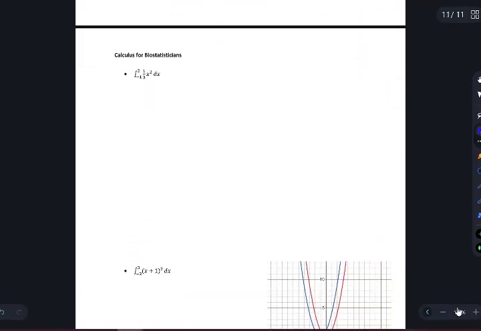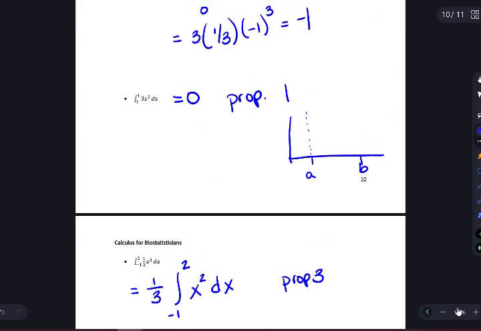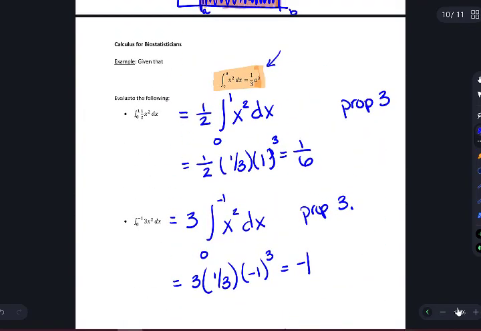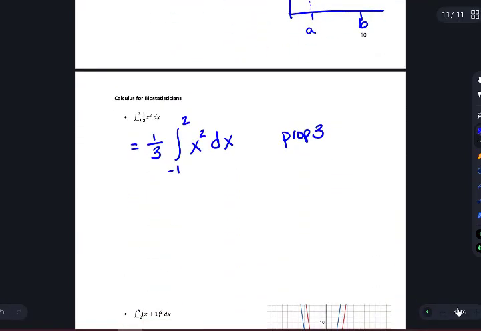The next one we've got here is the integral from -1 to 2 of 1/3 x squared. Well, we can start by applying our third property and pull out that constant. Now, in order to apply my given information, I need an integral that runs from 0 up to some number. But here I've got -1 to 2.